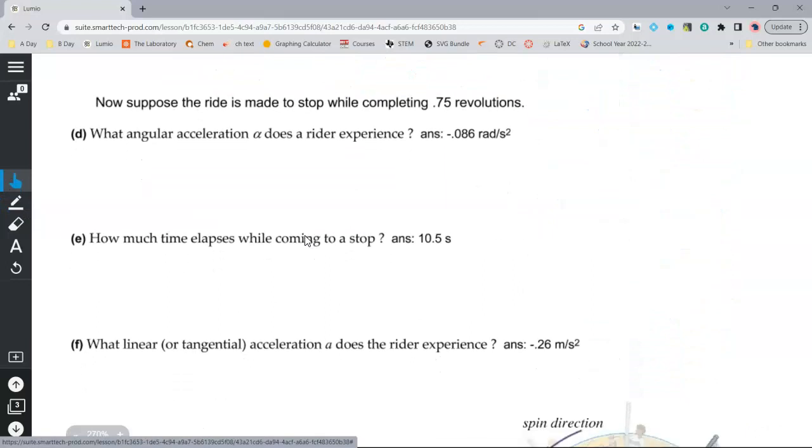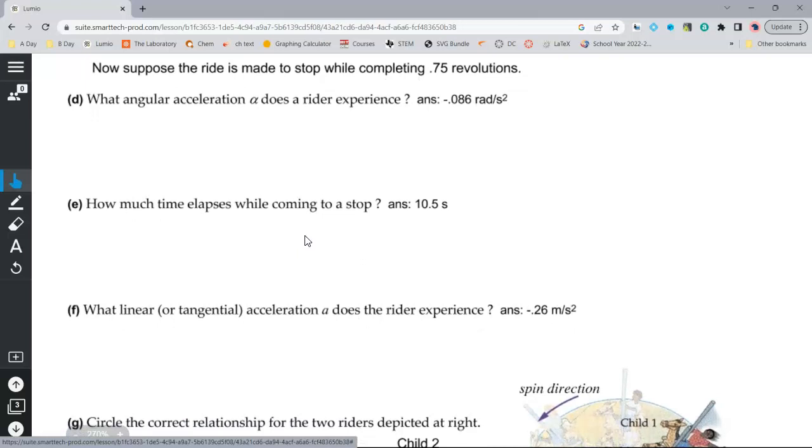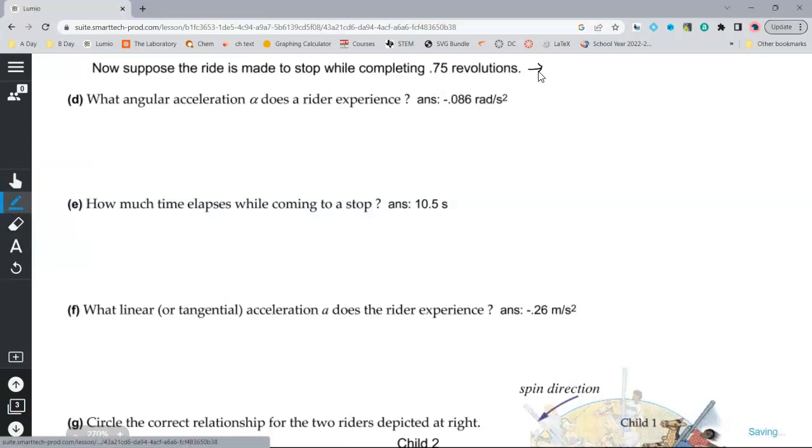Now let's suppose the ride is made to stop, and it stops while completing 0.75 revolutions. We want to know the angular acceleration that the rider is going to experience. The very first thing we need to do is convert the revolutions into radians.